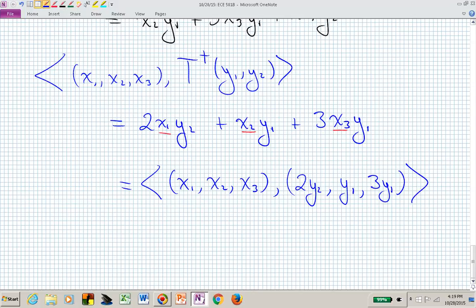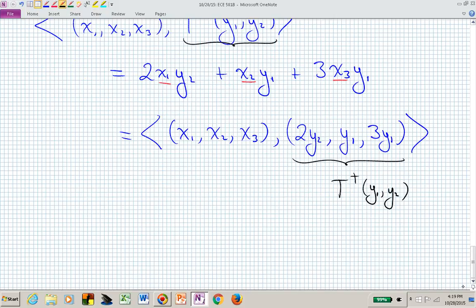If I associate that with the corresponding location in that final inner product, this must be T dagger W, which W was parameterized as y1, y2. Now we know what the linear map T dagger does to y1, y2.